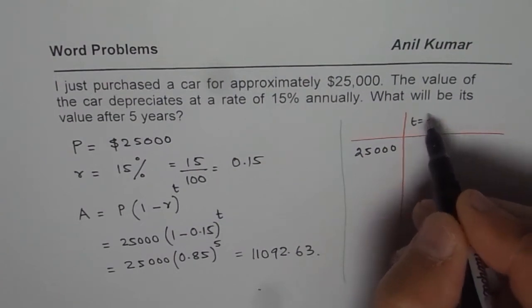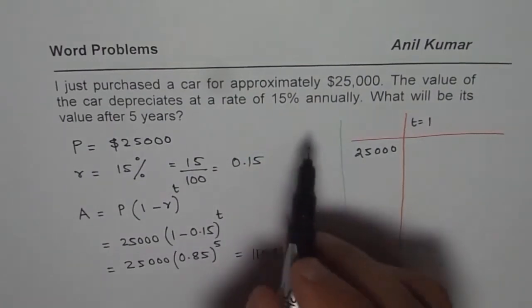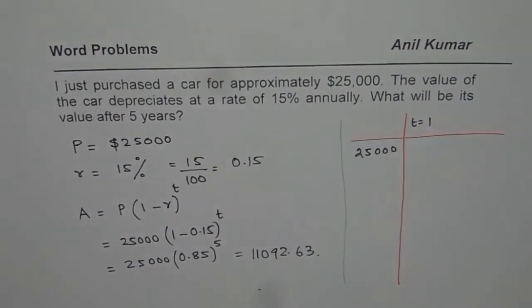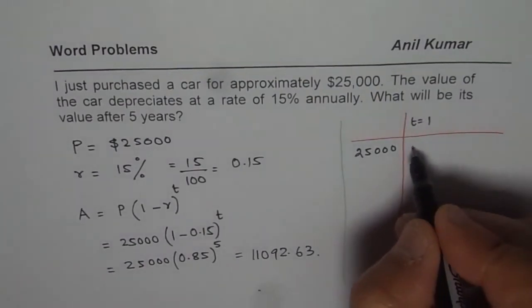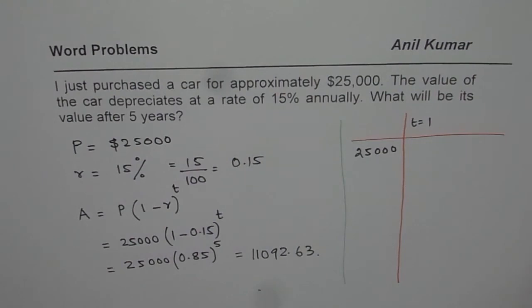It reduces by 15% of its value. The value of the car depreciates at a rate of 15% annually, right? So you can find 15% of this amount and then take away that amount.